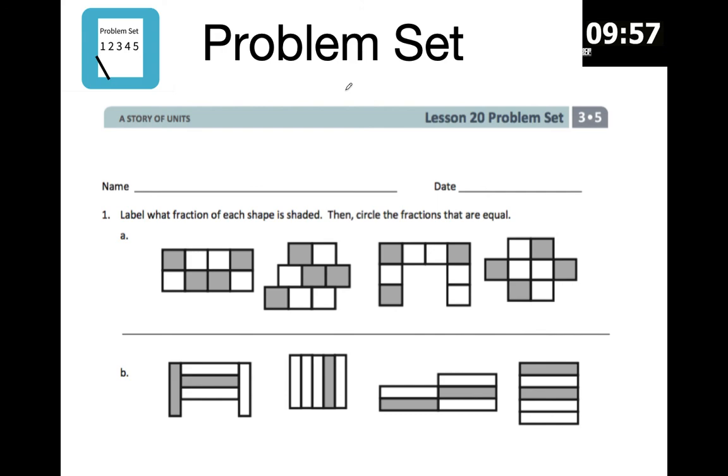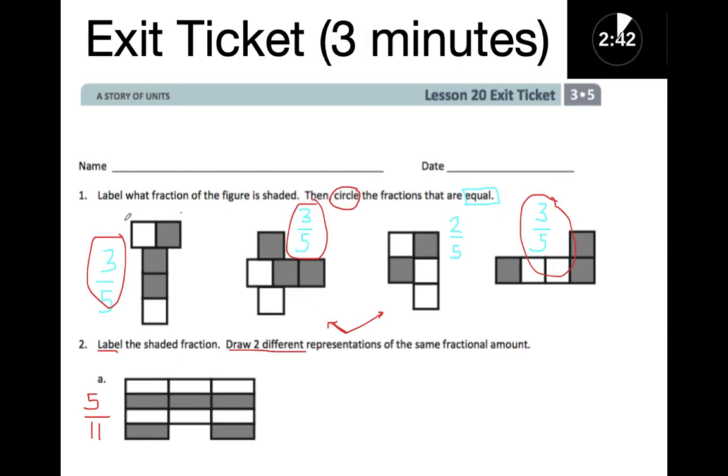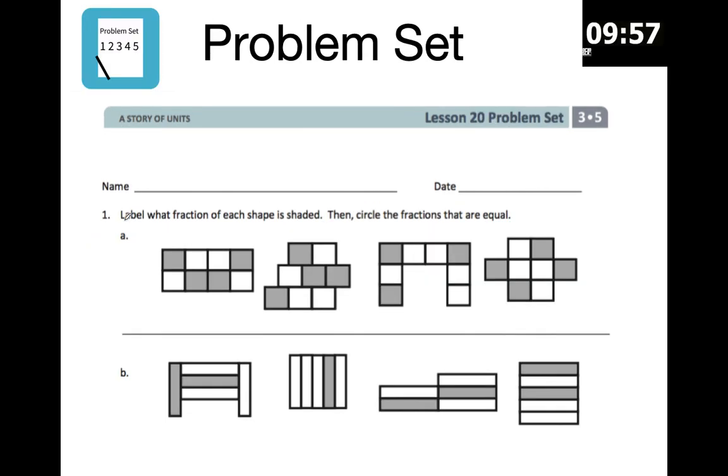And you are going to have a chance to do your problem set all on your own. This is the first part of the problem set, and you are just going to be doing exactly what we did in our video right here, where you label the fraction of each shape shaded, then circle the fractions that are equal.